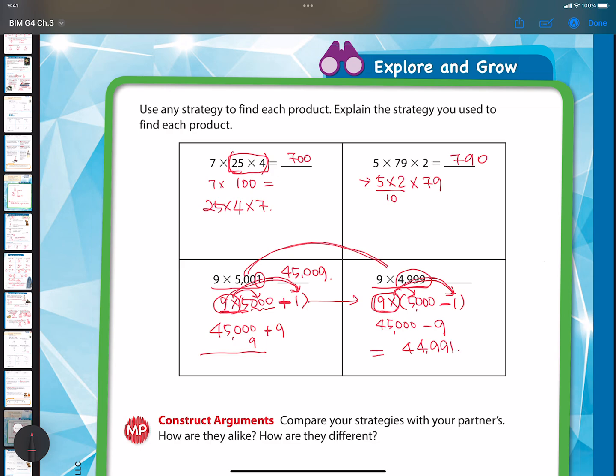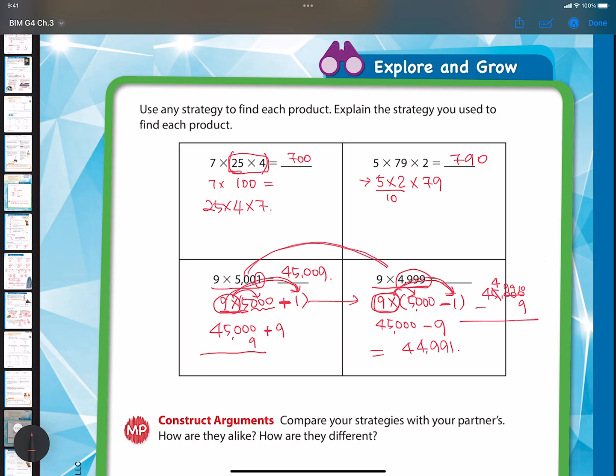Let's try again if you get confused. 45,000 minus 9. Okay, you cannot take away 9 from 0, but then 3 zeros here, right? Hundreds place and tens place are also zeros, so you need to borrow from thousands place. So it becomes 4. And do you remember, I asked you to change to 9, and last one will be 0, right? And cross them out.